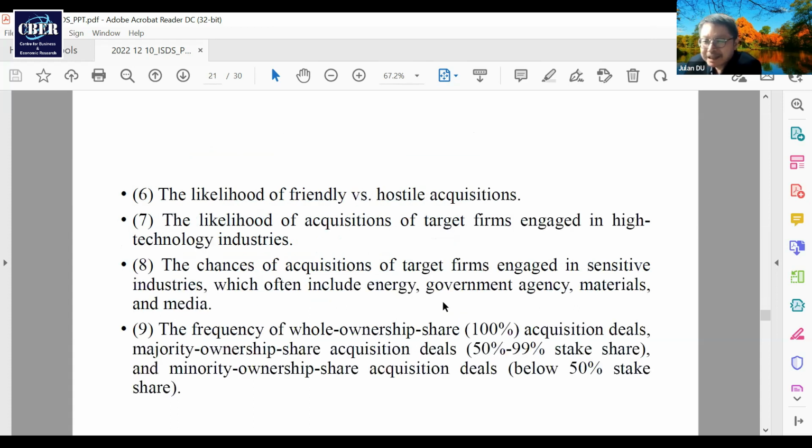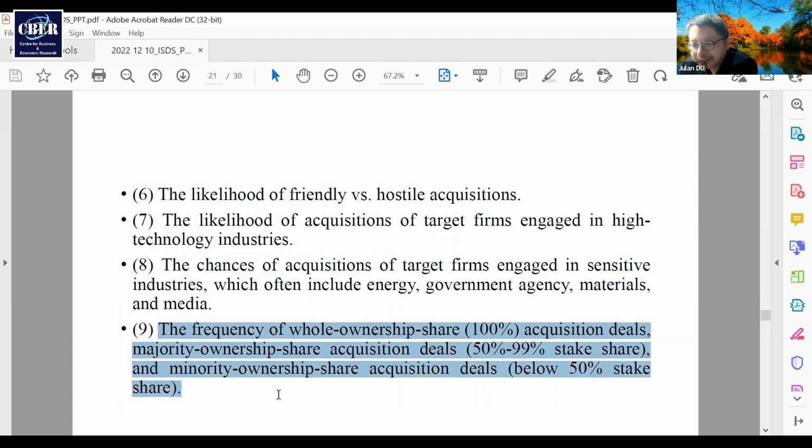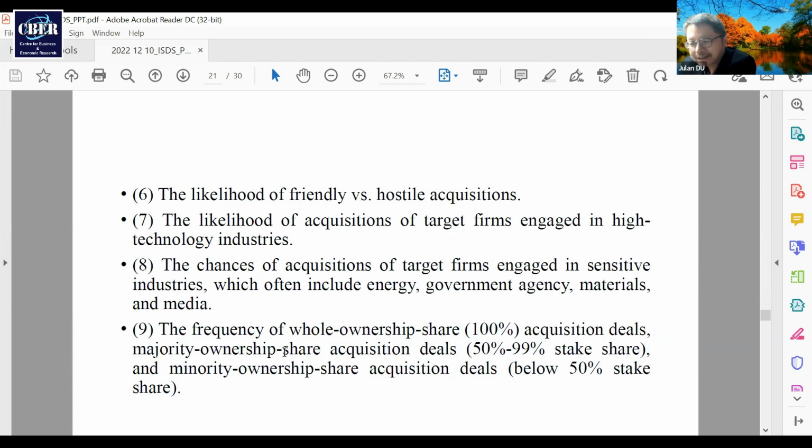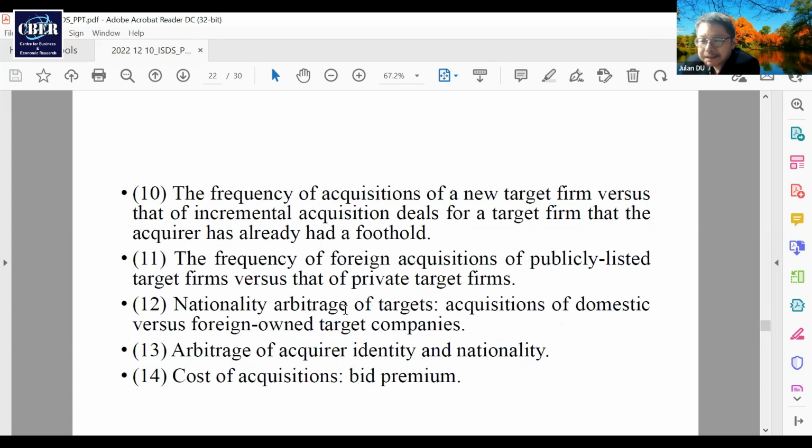Many other aspects, for example, the ownership stake of acquisition, which could mean the exposure to political risk in the host country. And also the likelihood of acquisition of targets in the high-tech industry, in the sensitive tech sectors. We also look at the cost of acquisition, like a bid premium.